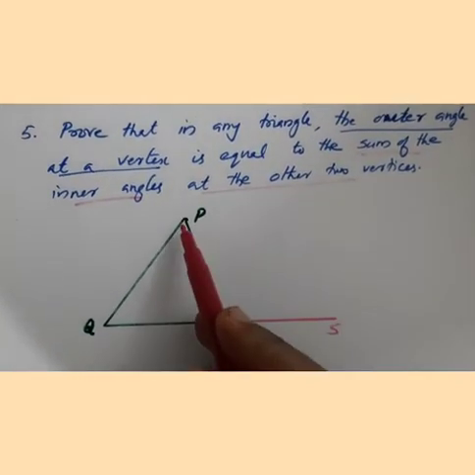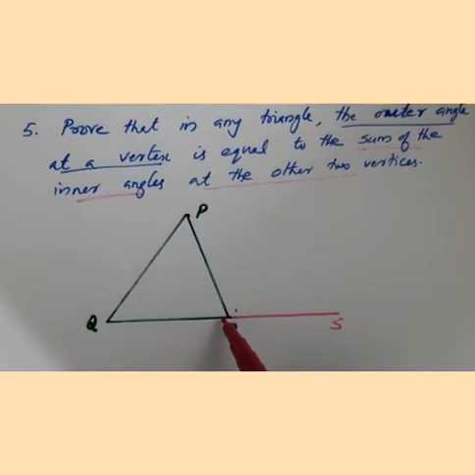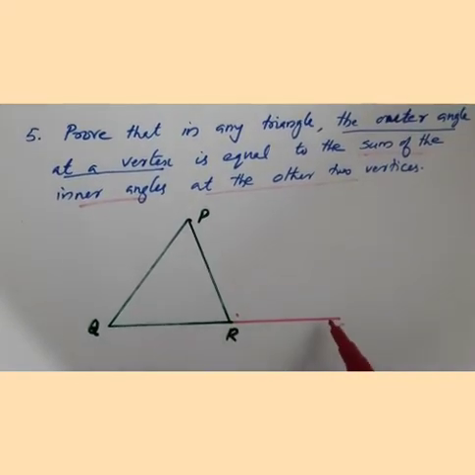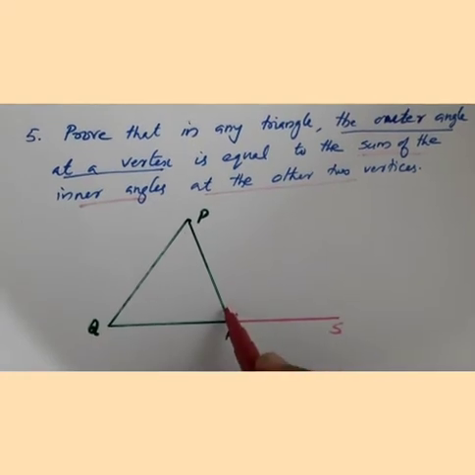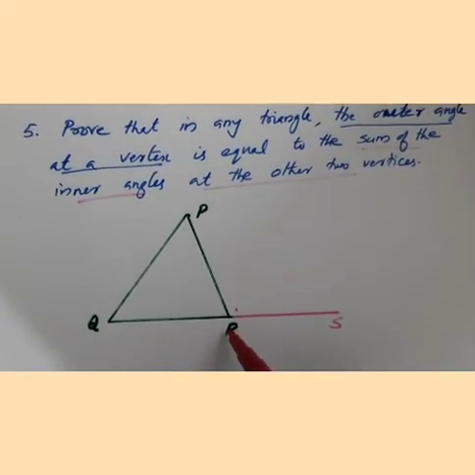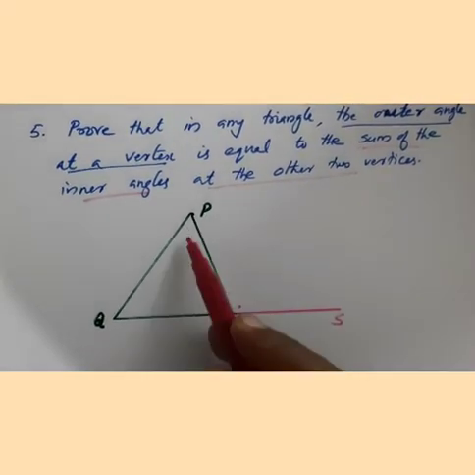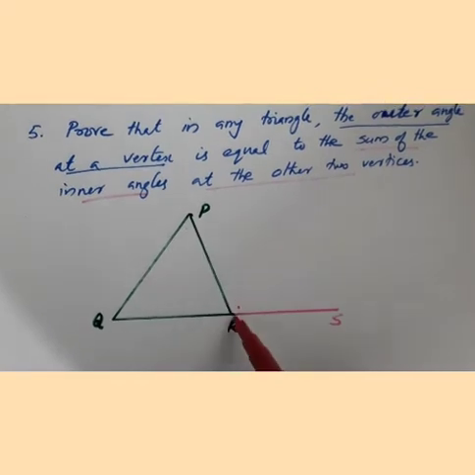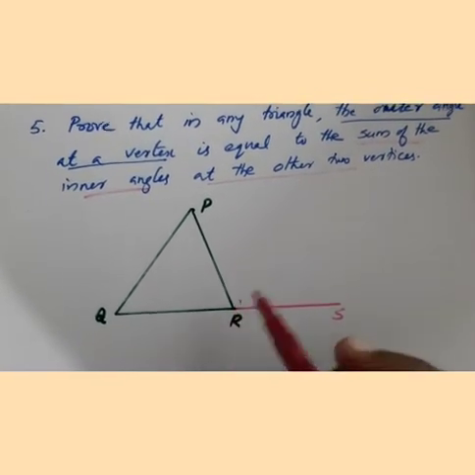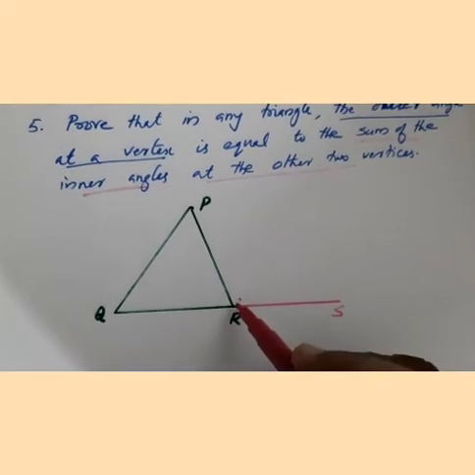Here, consider PQR is a triangle. Then PRS is the external angle at the vertex R. PQR is a triangle and PRS is the outer angle. Then we have to draw a line RT.